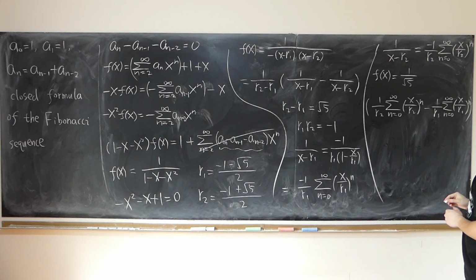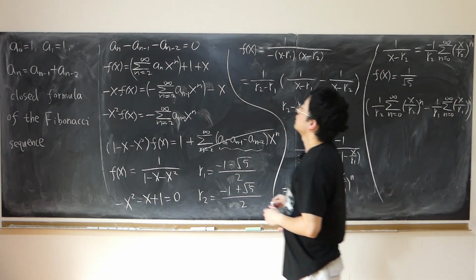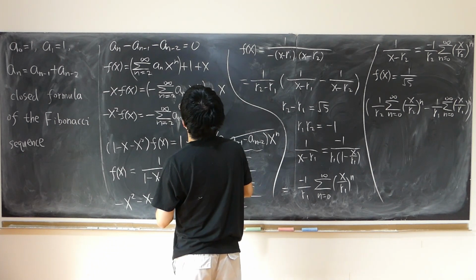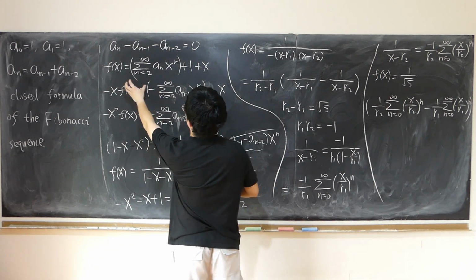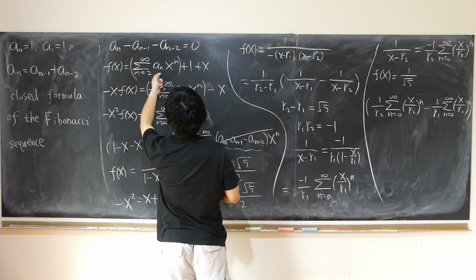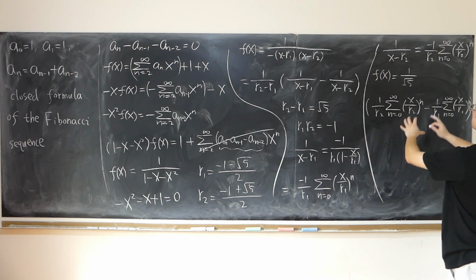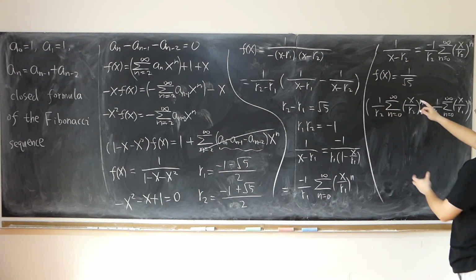And so how can I relate this to this function, to f of x? F of x to the power n, right? Relate a_n to this, as long as I factor out x to the power of n.